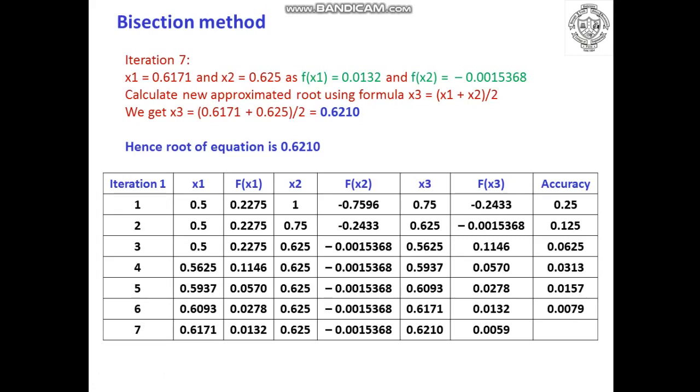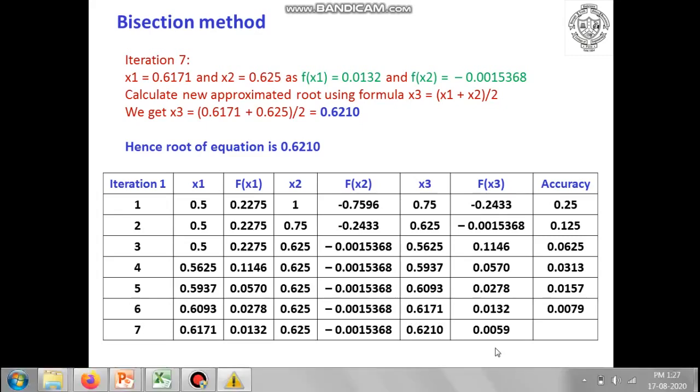Hence we can stop at the seventh iteration by finding the midpoint of the initial guesses 0.6171 and 0.625. So this is how you can stop using the accuracy criteria, and you can assume this value of x3 as the root of the equation, or approximated root of the equation, using the bisection method.